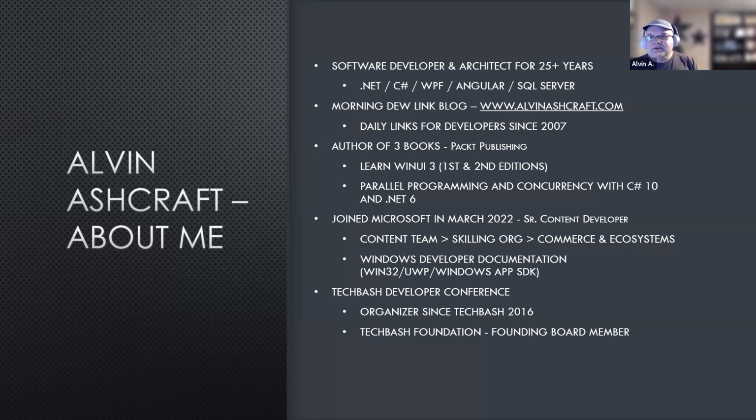I've written 3 books now, 2 editions of Learn WinUI 3. The first edition came out when it was still kind of at the end of the preview stages, so I went back into the second edition to clean things up and update things for the release that was out there last year. And I also have a parallel programming and concurrency book for .NET.